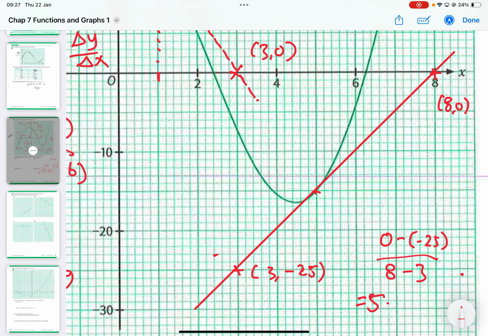So 7.4 is the real type of questions that you will face. But you will find that the parts are all the same. Equation, table, fill in the table, plot points, join the points, and then after that find gradient. All these are exactly the same. Just that the graph looks a bit different only.